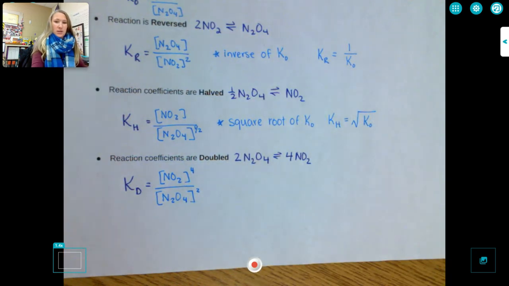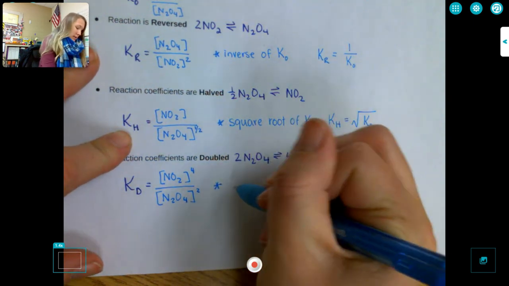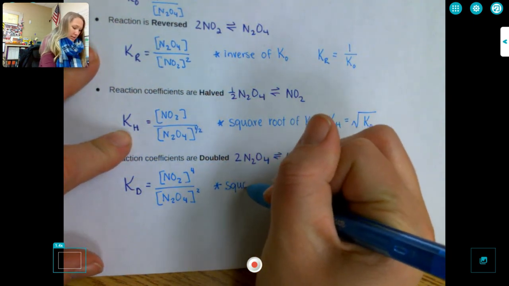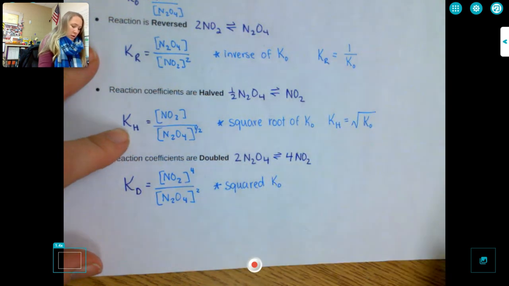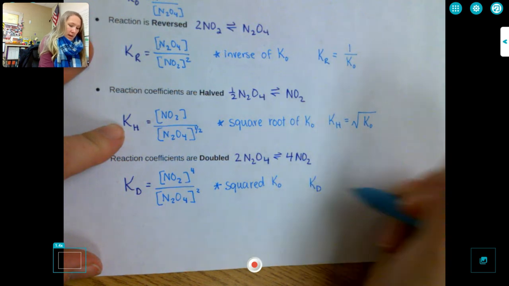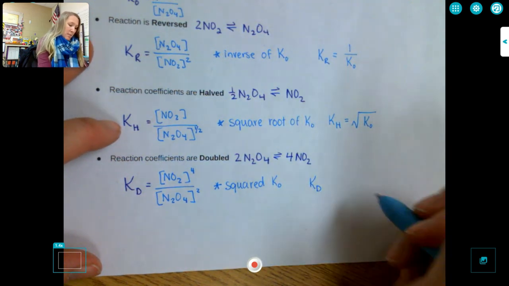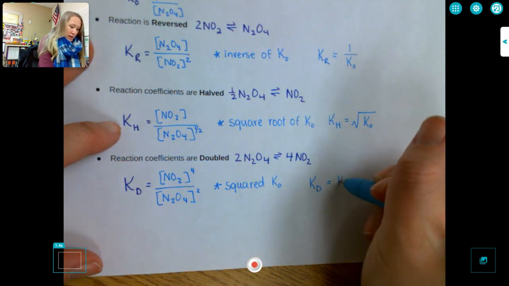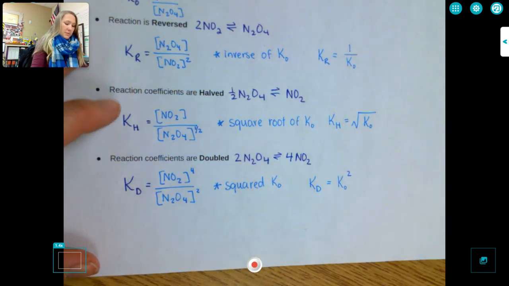So I've essentially squared those. So we say that we have squared our original. So my K value, my equilibrium constant, when I've doubled my coefficients, is equal to my original K value squared.